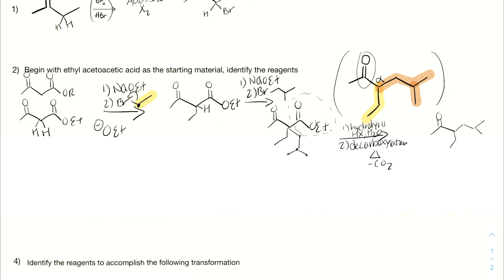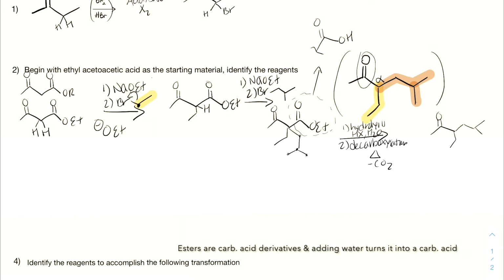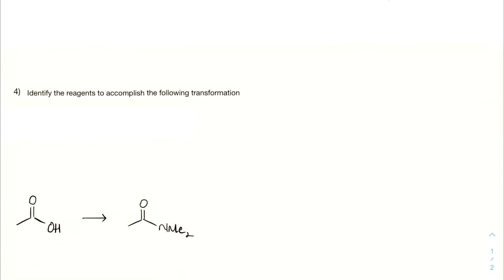And this whole group, with hydrolysis, converts this ester to a carboxylic acid derivative, a carboxylic acid, because an ester is a carboxylic acid derivative. And anytime you add water to a carboxylic acid derivative, you get your carboxylic acid back.